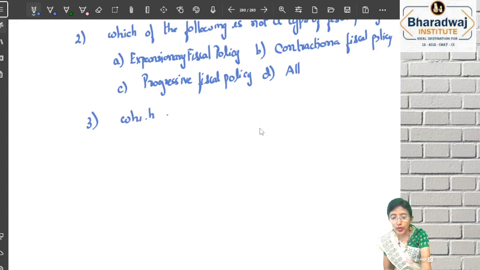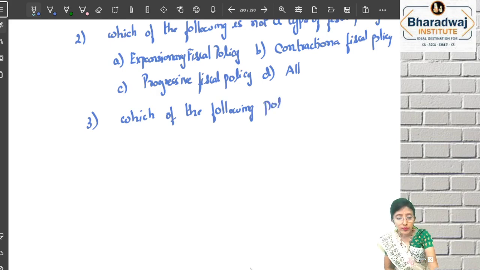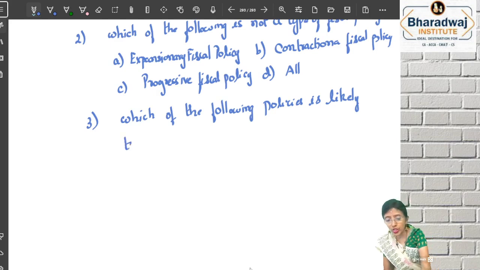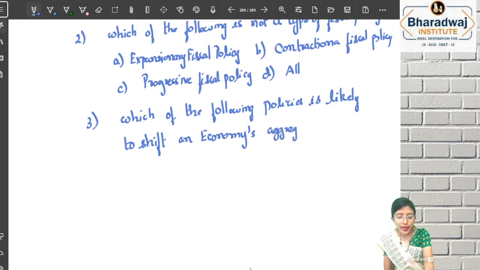Which of the following policies is likely to shift an economy's aggregate demand curve to the right?